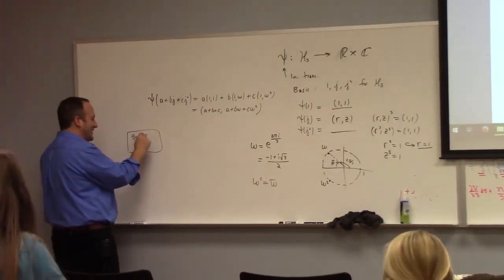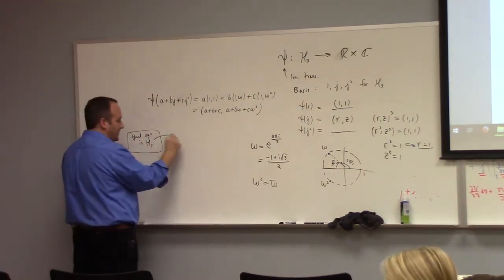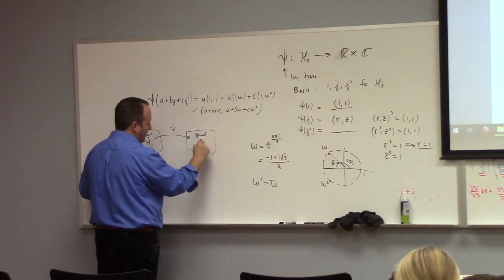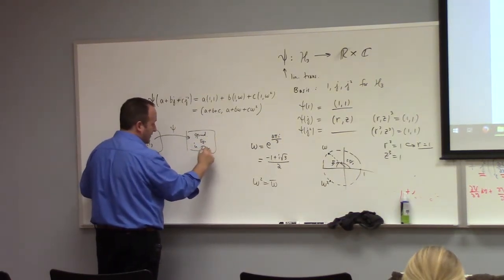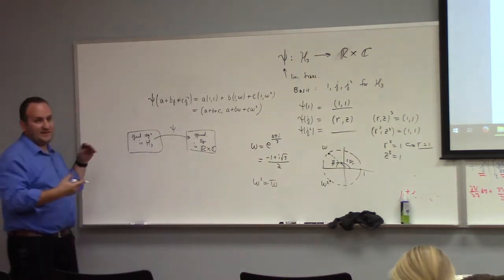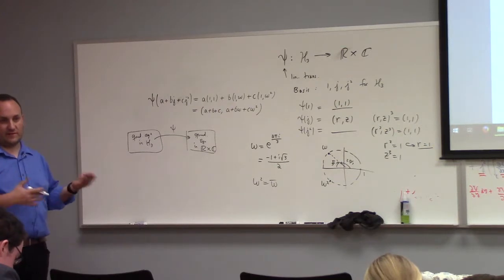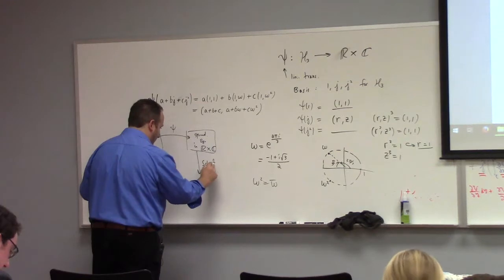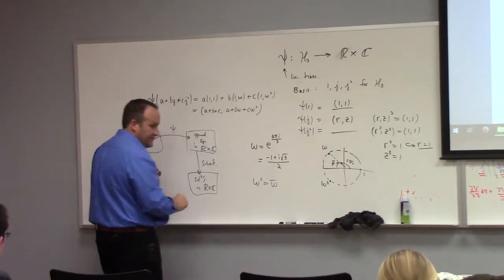So you take a quadratic equation in H3, right? We map it under psi to a quadratic equation in R cross C. Now, a quadratic equation in R cross C is easy to solve because it's a real quadratic paired with a complex quadratic, which we can solve by usual methods. So you solve it, and that gives you solutions in R cross C, which are pairs of reals and complex numbers.